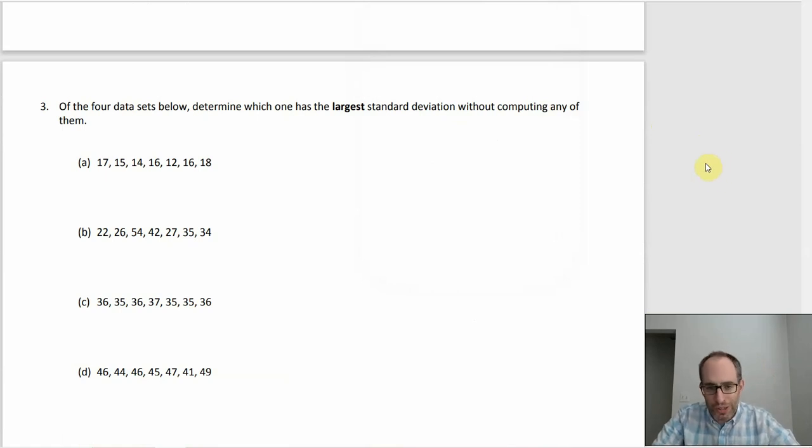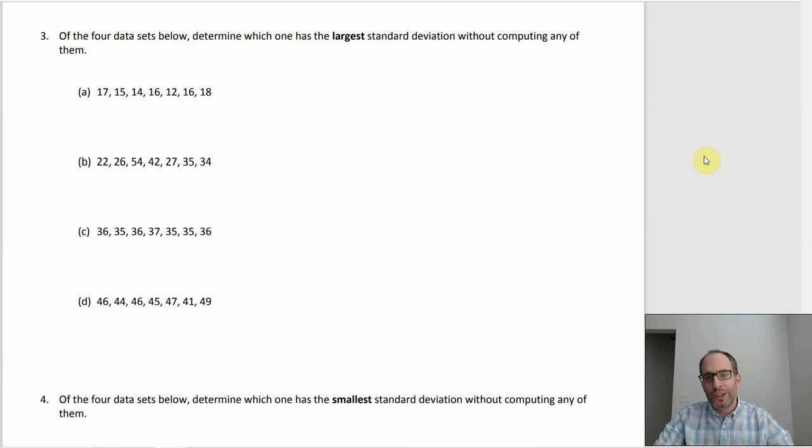Like there are a whole bunch. So if the standard deviation is supposed to measure spread, and we said that a bigger standard deviation would happen when the data set is more spread out, if you're looking for the biggest standard deviation, you're looking for the one where the data set's the most spread out. And you can do this by eyeballing it to get a ballpark estimate.